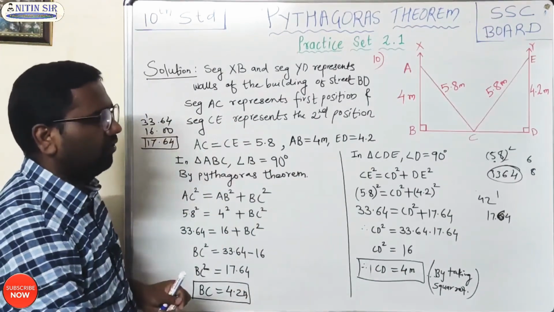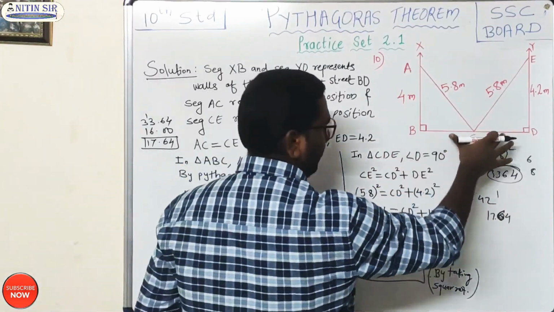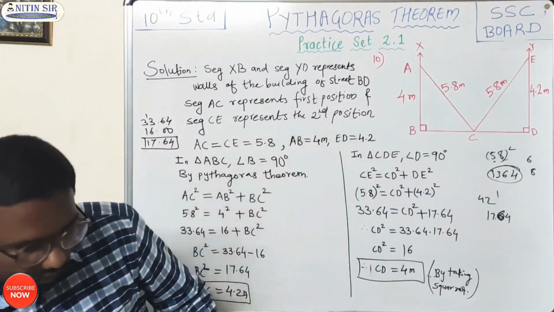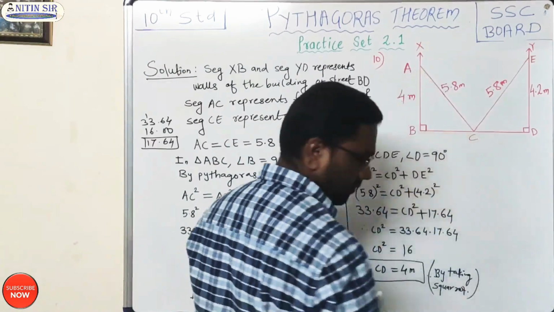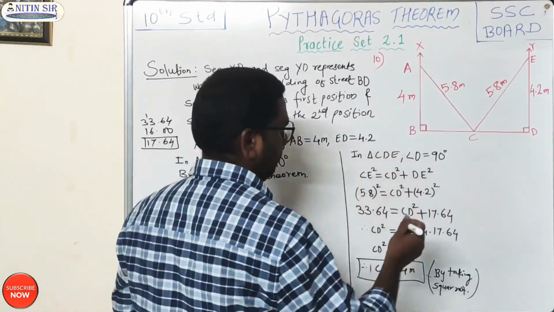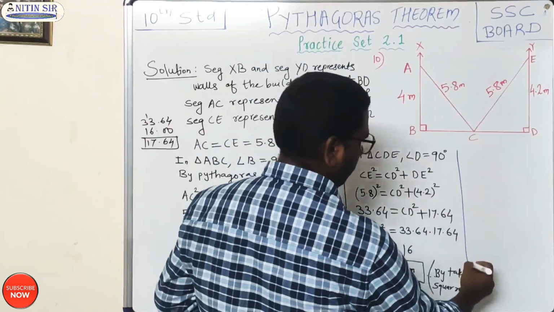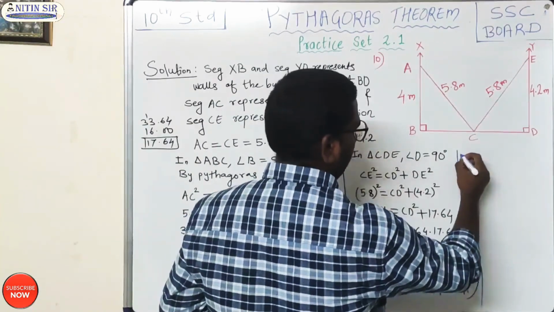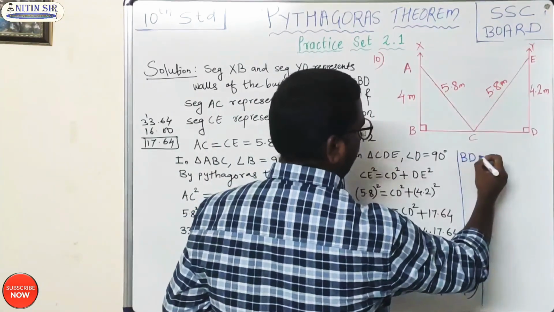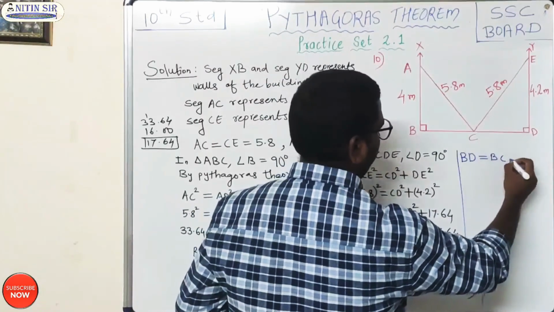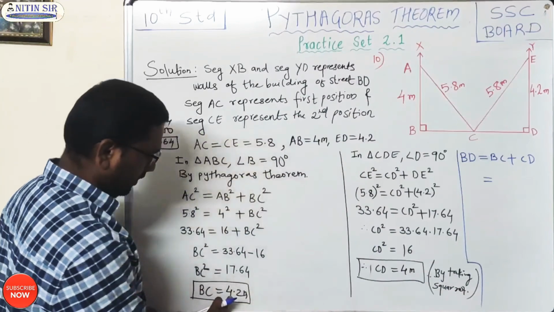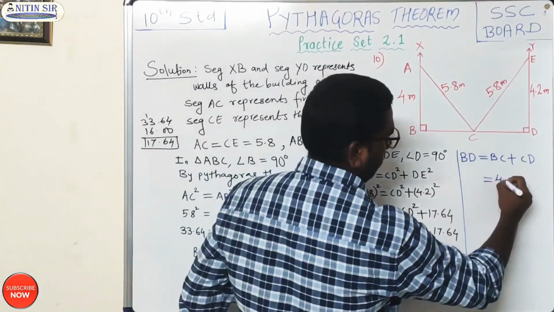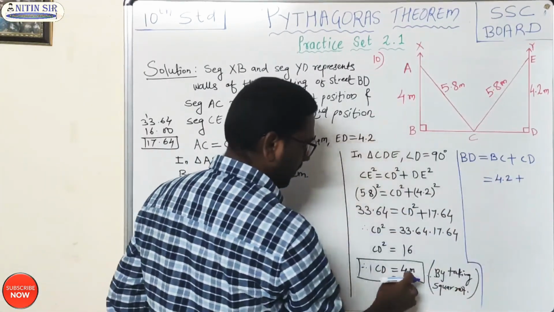What we have to find? We have to find the street, that is BD. So what we can do is, BD is equal to BC plus CD. What is the value of BC? This 4.2. So 4.2 plus CD, what is the value of CD? 4.